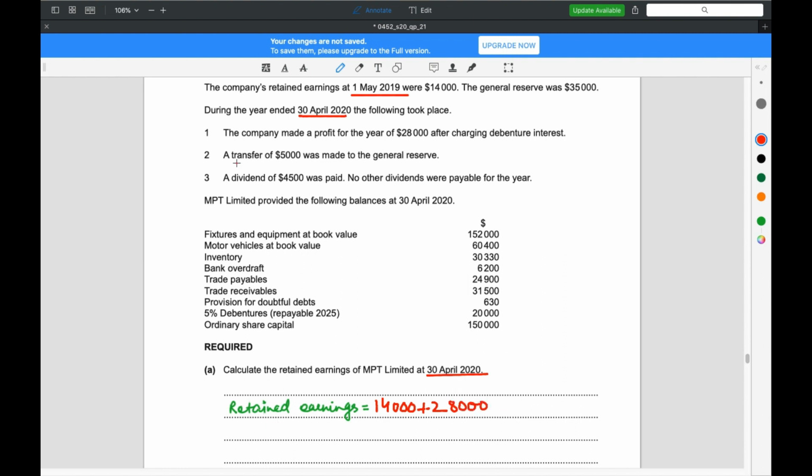And then he says a transfer of $5,000 was made to the general reserve. If you know your companies well, then you should know that the retained earnings account is used to transfer money to the general reserve. So we're going to subtract this $5,000 from the retained earnings account. This went over to the general reserve, so this is going to be added to the general reserve, which is $35,000.